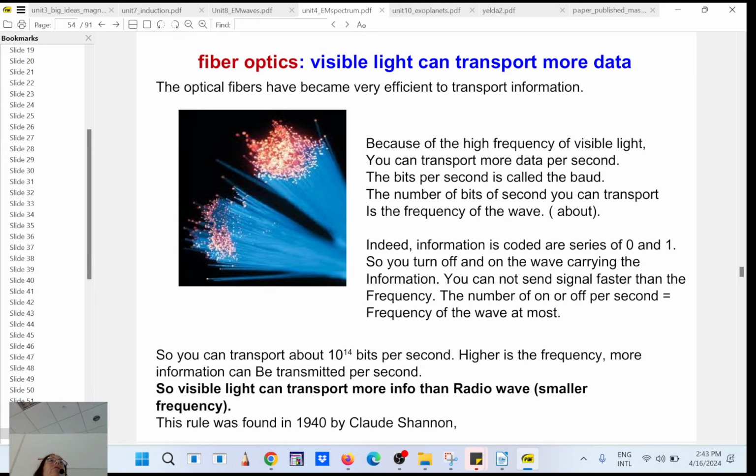So if instead of using radio waves, you are using visible light, then you can transport more data. But it's more expensive, of course. That's why you are using fiber optics. Okay, so you can mine for bitcoins more efficiently if you are using fiber optics because there are more bits traveling per second. Okay, is that clear?